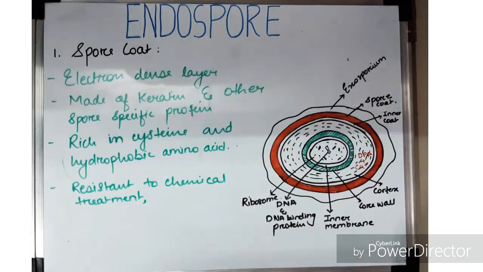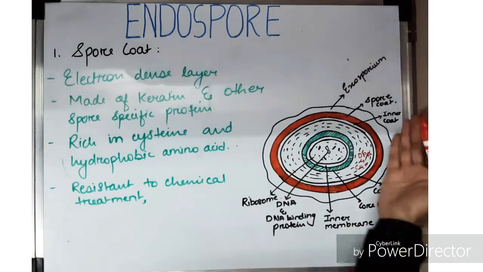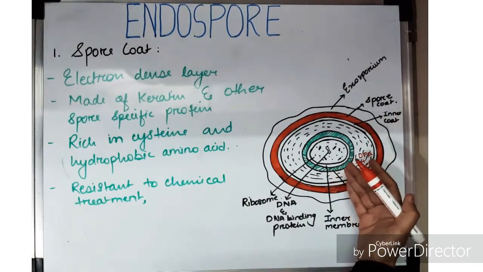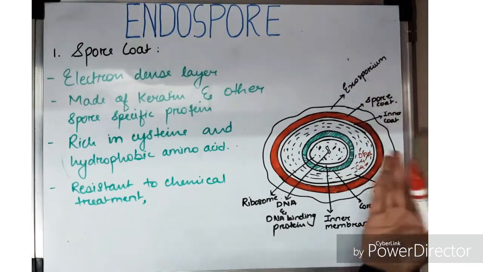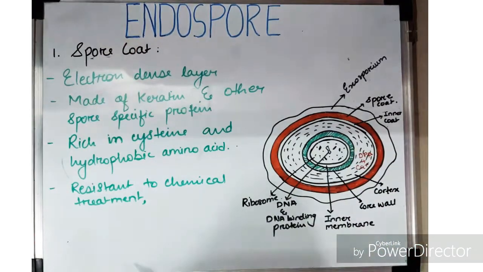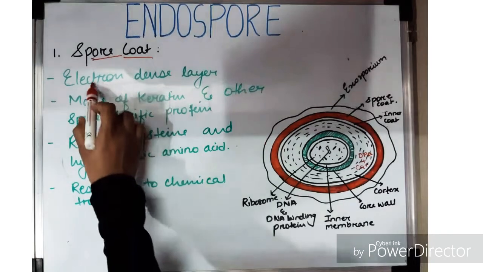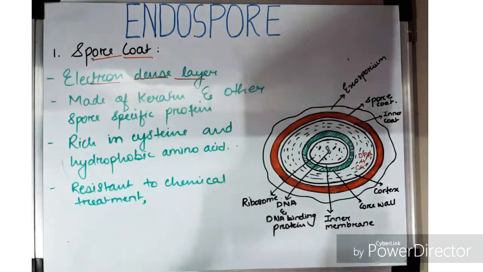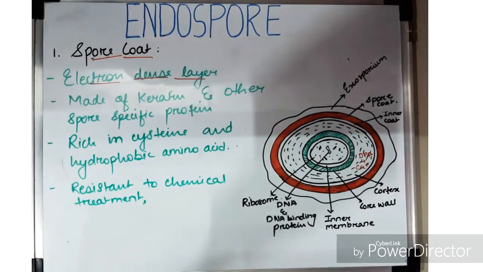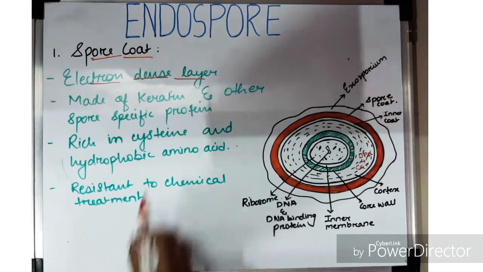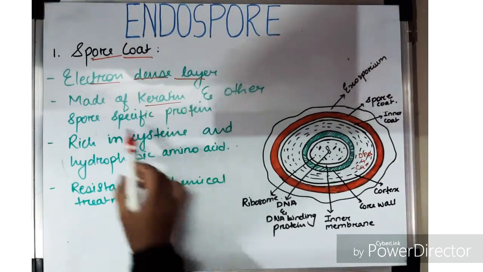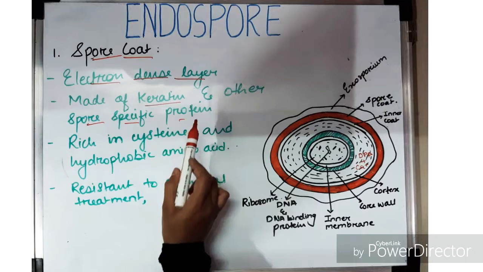So now we'll see step by step the layers of endospore and what these layers consist of. So the first one is the spore coat. Spore coat is an electron dense layer formed outside the outer membrane. It is made up of keratin-like protein and other spore-specific protein.